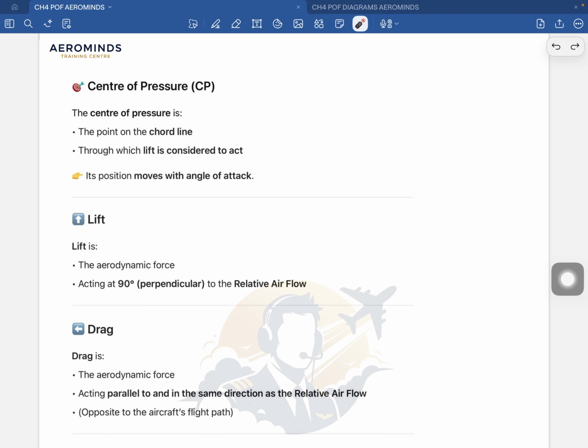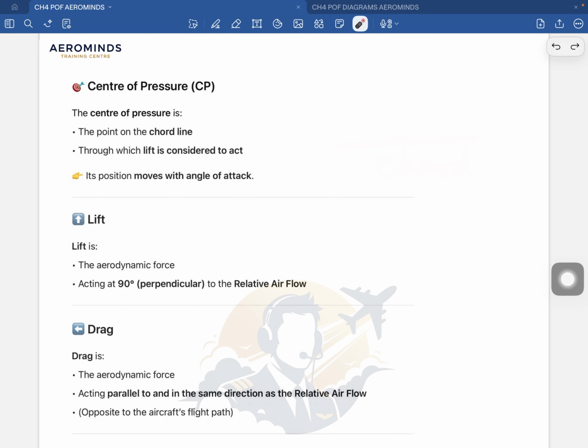Now the most important part about the center of pressure is that it moves its position with the angle of attack. Okay, now as the angle of attack increases or decreases, the center of pressure shifts forward or backward. Suppose it is here, it will move forward or backward depending upon the change in the angle of attack, and it moves along the chord line. Remember this, moves along the chord line. It is on the chord line only.